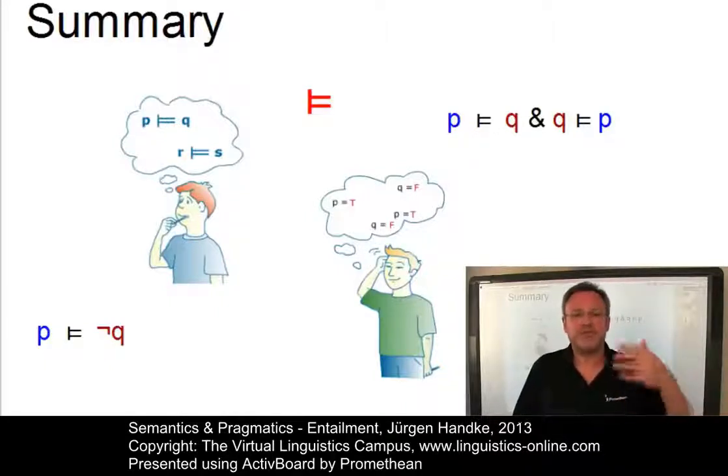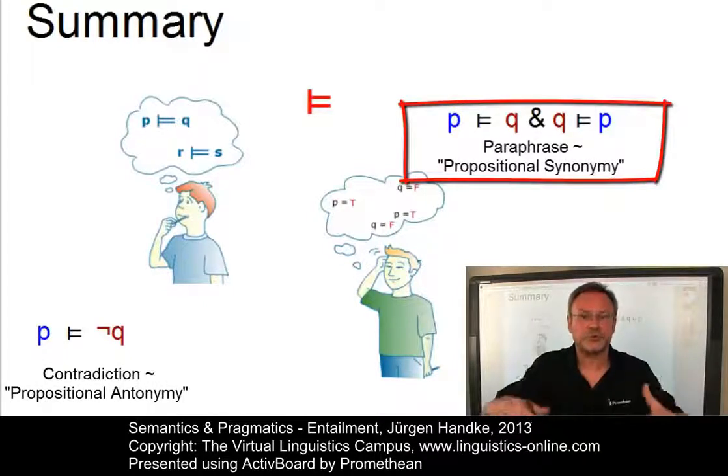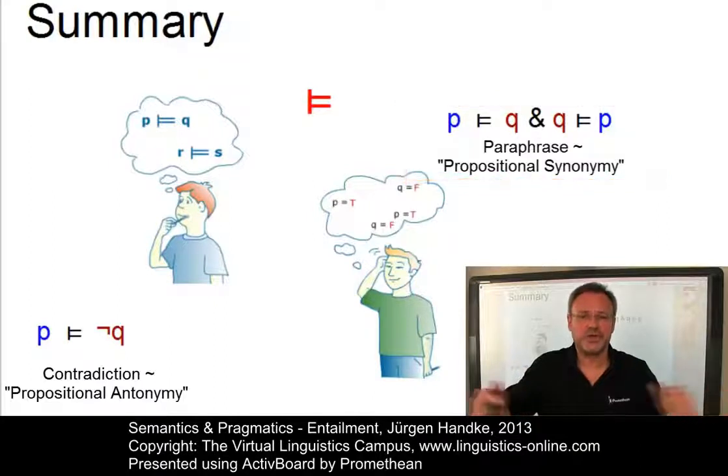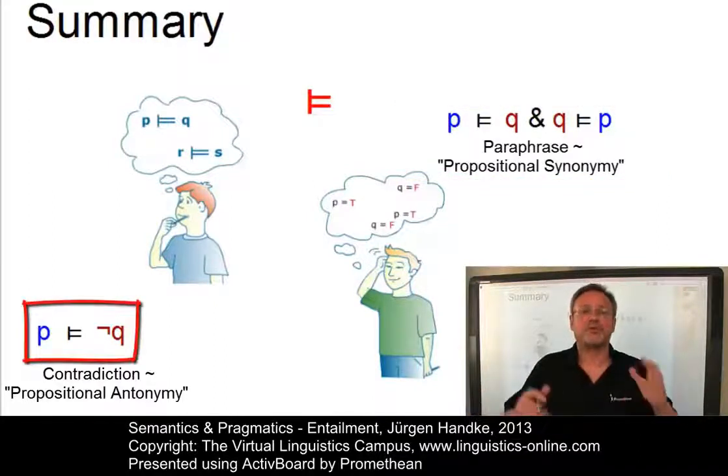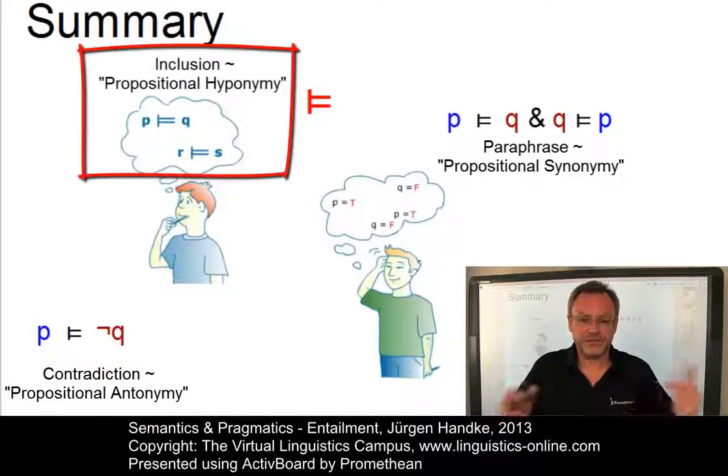In fact, we defined 3 propositional relationships: the relationship of paraphrase, if you wish some sort of propositional synonymy; the relationship of contradiction, if you wish some sort of propositional antonymy; and the relationship of inclusion, if you wish some sort of propositional hyponymy.